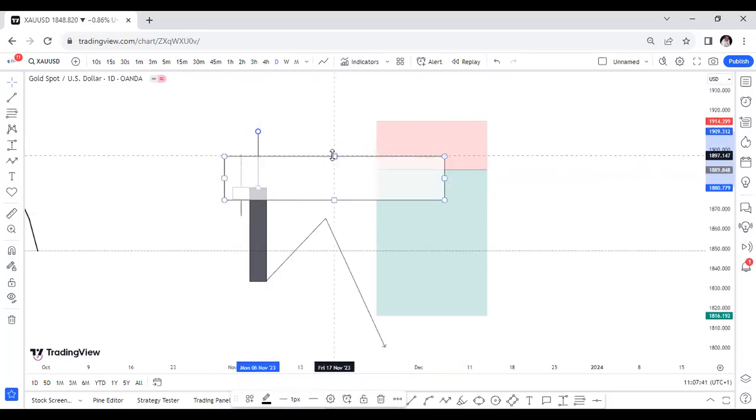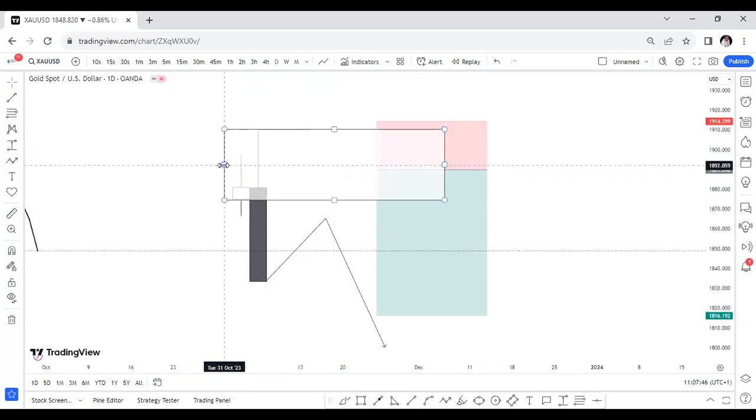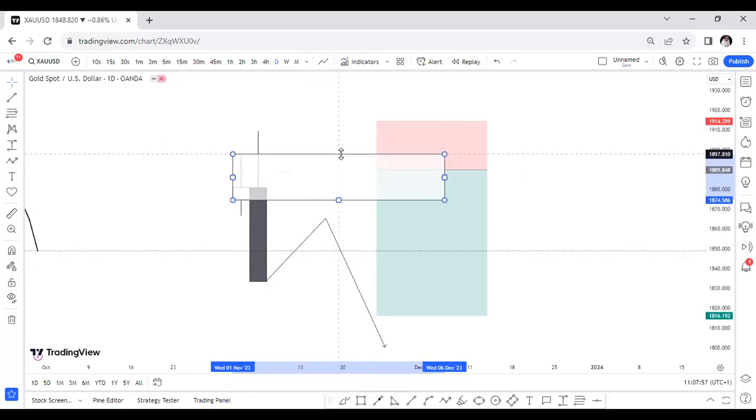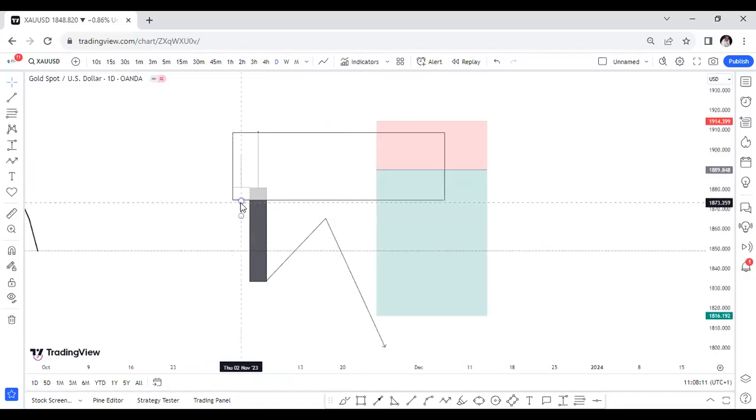You extend the DC to this, to capture the high, because price could still go up here to tap into this place, so that you don't put your stop loss here and you get hit out. If you put your DC here, what if price still goes higher to tap into this high? So it is better you capture it with the recent high to the body of the engulfed candle, to the opening of the engulfed candle.